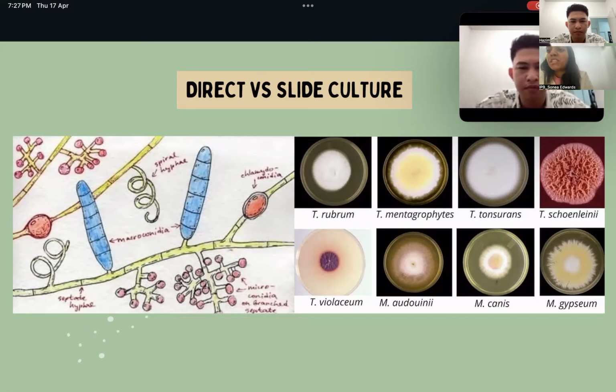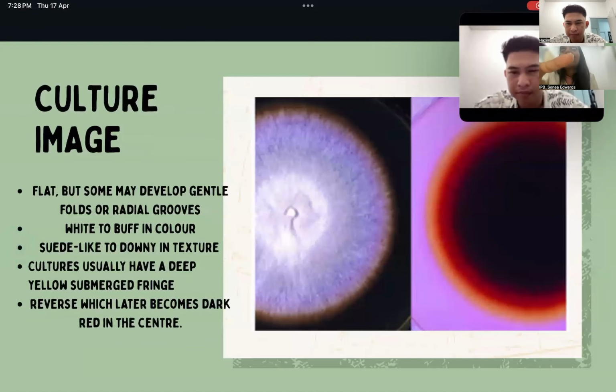So imagine the T. rubrum has this white type of culture. Then the mentagrophytes has this white culture with a yellow center. And then the violaceum has a purple center. So all of it possess a different type of culture, so it's easier for you to differentiate which is which. So for ours, it's easy for us to identify Trichophyton equinum because of the color. So ours has an orange to red and then it becomes dark.